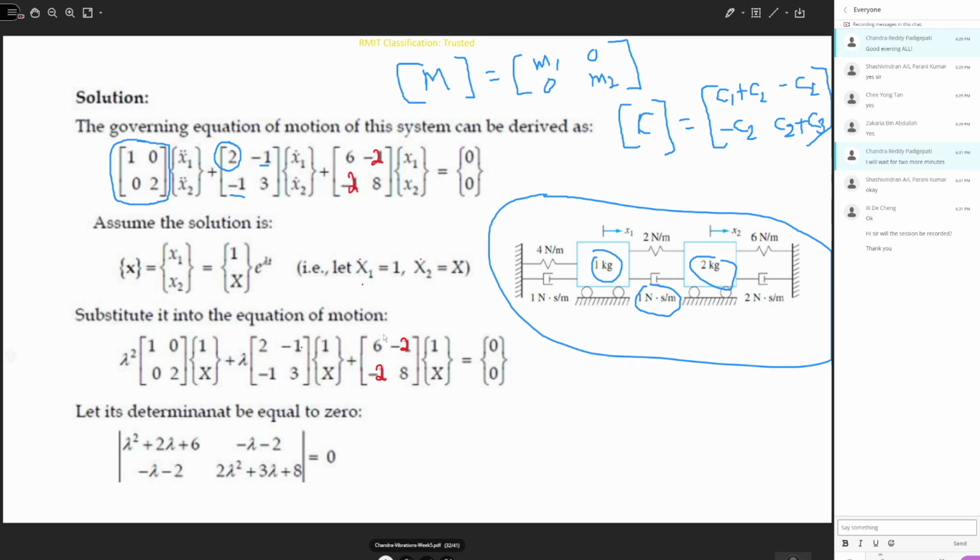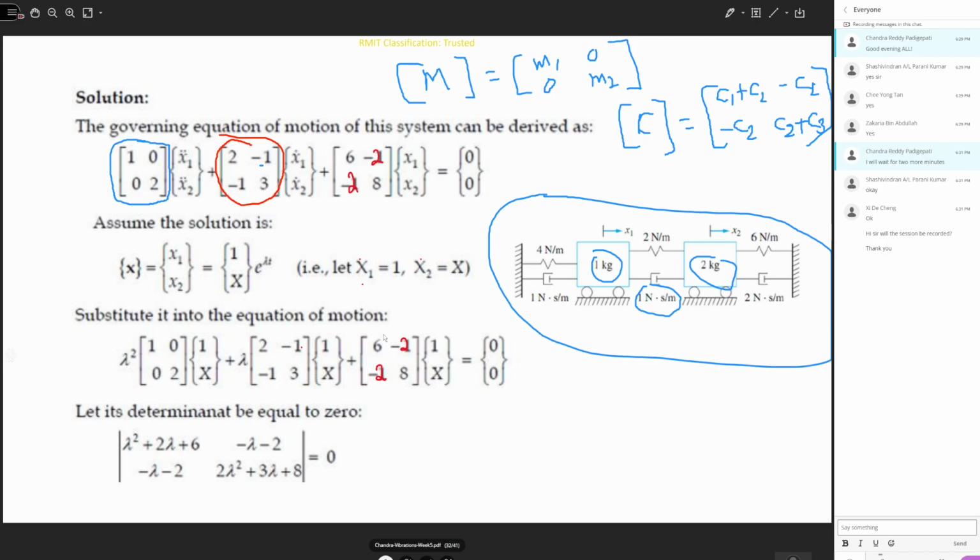C2 is 1, C3 is 2, so 1 plus 2 is 3. Therefore, you will get the damping matrix like this, multiplied by the velocity matrix.